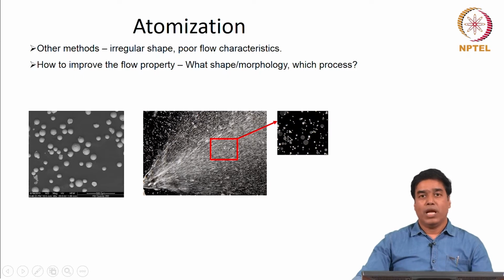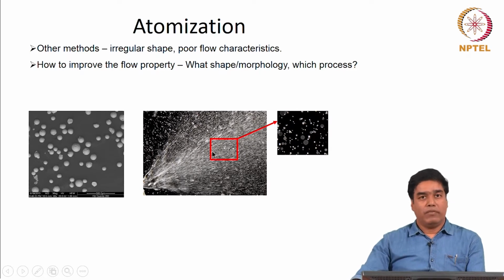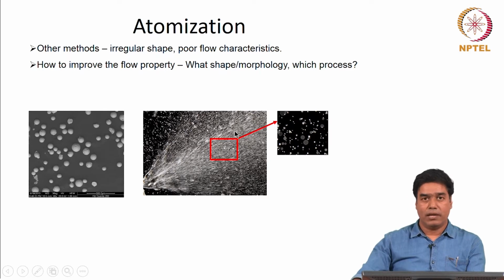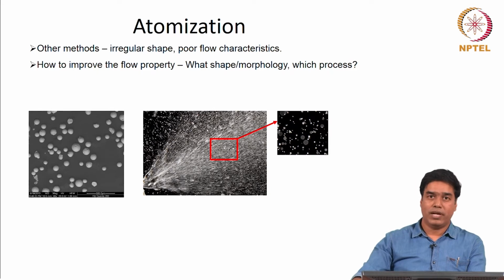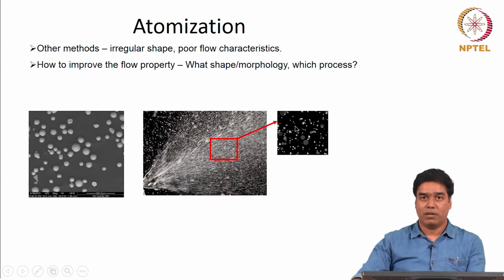And a similar process can also be adopted for liquid metals, wherein you first atomize or break down a stream of liquid metal into finer droplets, which will be spherical in shape, and then once you solidify these droplets, this can be converted into a powder with particles of spherical morphology, like what you can see in this image.